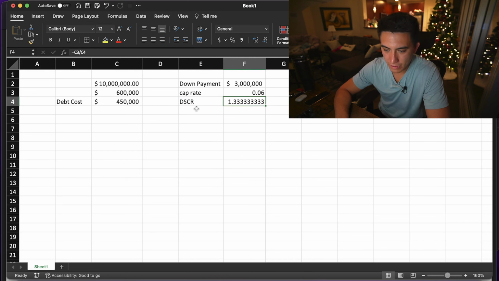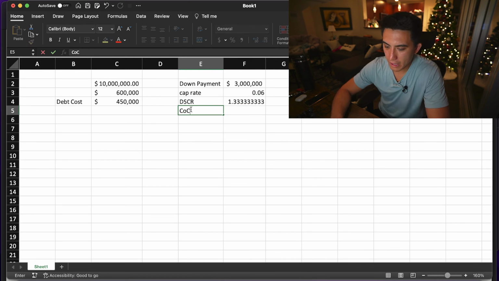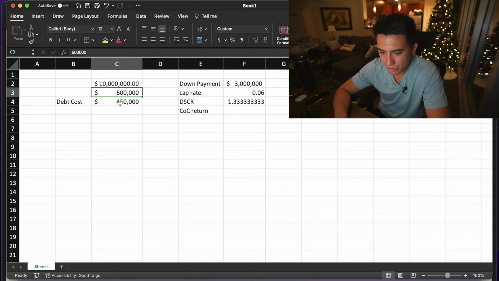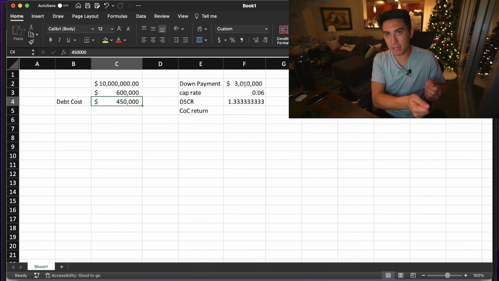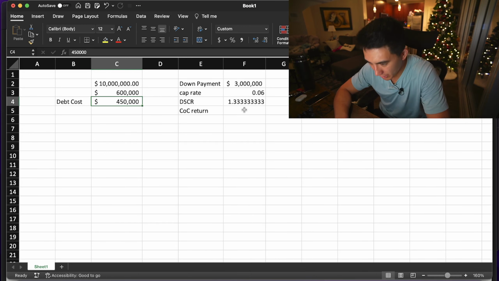That's the ratio of these, okay? Cash on cash returns going into this property. Forget about increases and everything. Right now it's netting 600K. Debt cost is 450K. There's a spread now of 150,000 in there. Now, what is the return on 150,000 in comparison to the actual money we put in the deal? We didn't actually spend $10 million to buy this property. We spent $3 million.